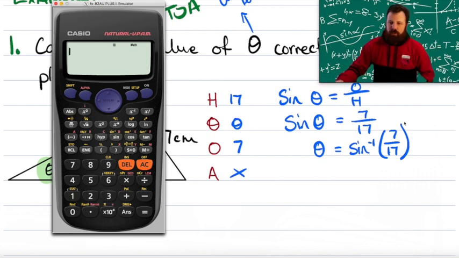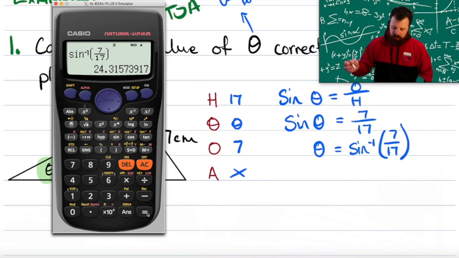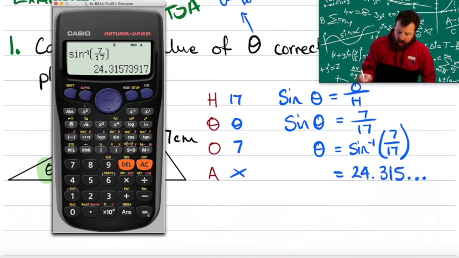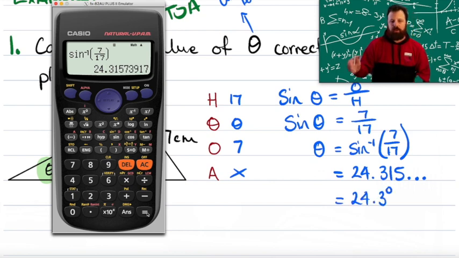I'm going to go shift sine, inside the brackets go 7 over 17, close my brackets, and that is going to equal 24.315 and so on. Our question went to one decimal place, so that is 24.3, and we're finding an angle, so it's 24.3 degrees.